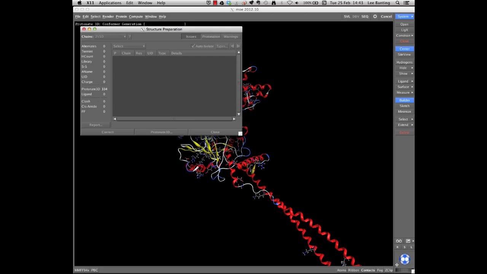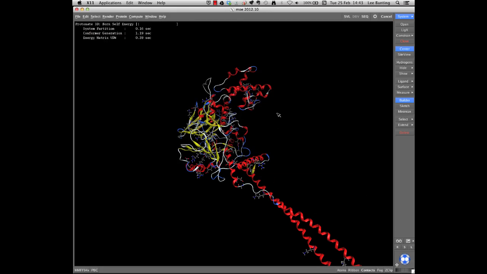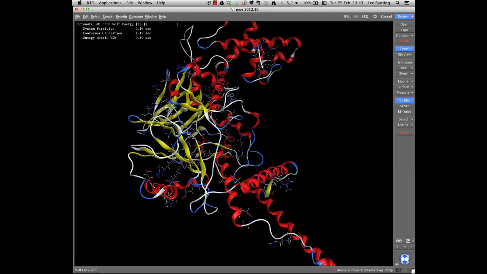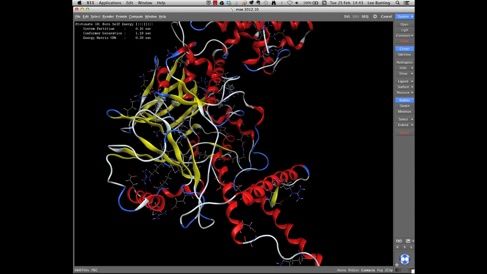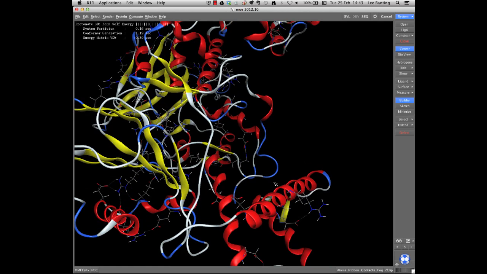By retitrating, it takes a while to do it. It will retitrate the amino acids, and if you look carefully, if we go in close enough, you may be lucky enough to see reprotonations happening.